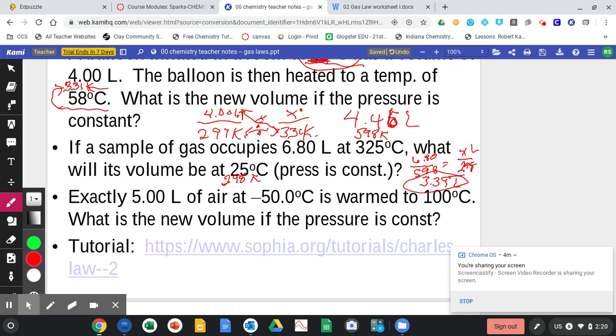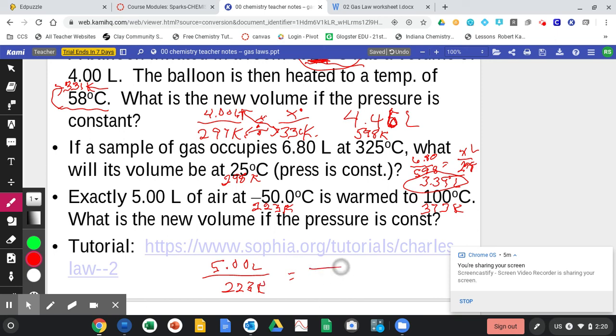And then the last problem, you have 5 liters of air at negative 50. That's going to give me 223 Kelvin. You'll never have negative numbers working in Kelvin, and so that's why it's used. And 373 Kelvin here. So I have 5 liters at 223 Kelvin.